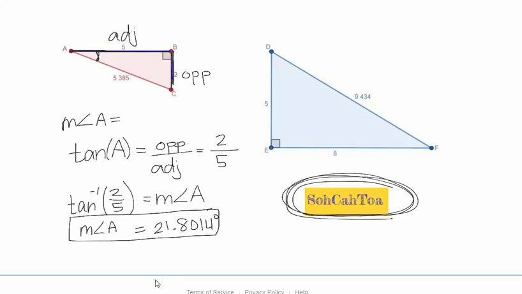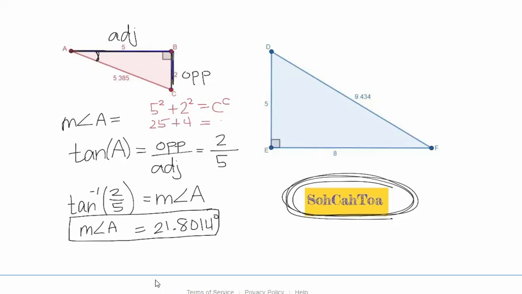Now what I want to show you is we could have used the inverse sine, or we could have used the inverse cosine. The hypotenuse of 5.385 is rounded because it was converted into a decimal. But we know, using the Pythagorean theorem, that we could instead write that with a radical sign. So we know that we have the sides 5 and 2. And if I want to solve for my hypotenuse, we have 25 plus 4.